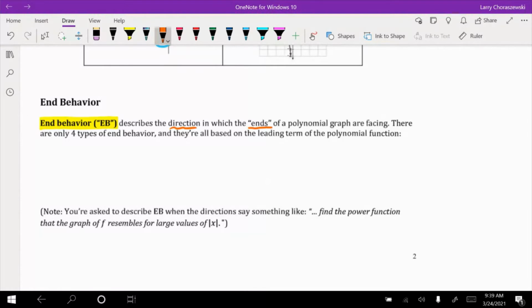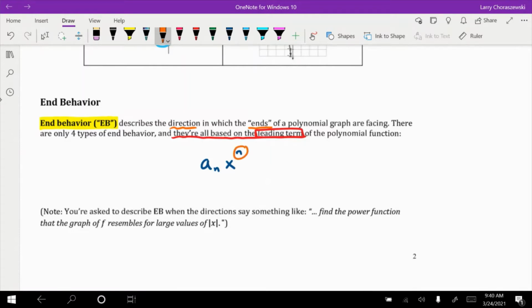And there's really only 4 possibilities in which the ends can be oriented. And as it says here, they're all based on the leading term of the polynomial function, which, thinking back on page 1, was this guy, a sub n x to the power of n. And I'm going to state a couple of facts about 2 pieces here.